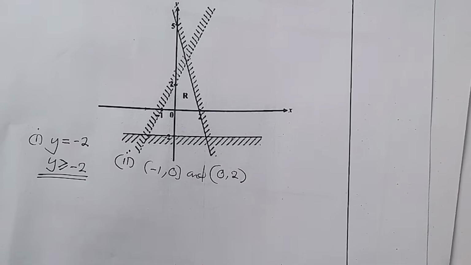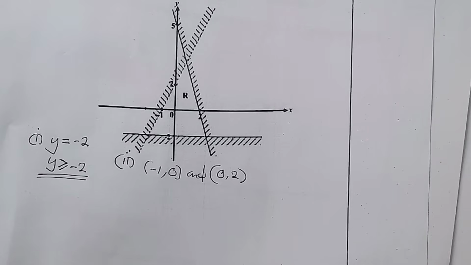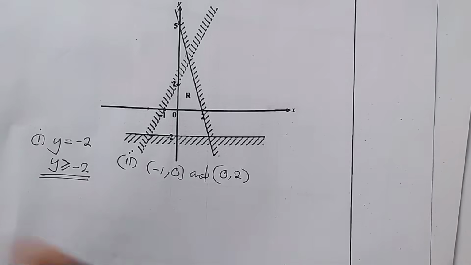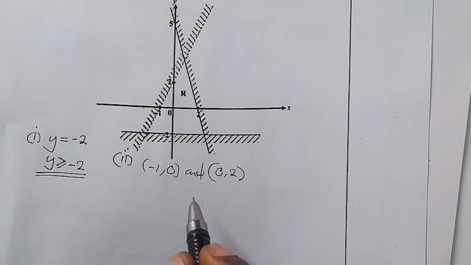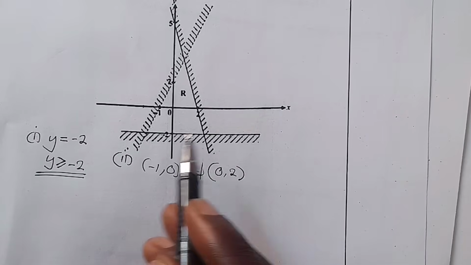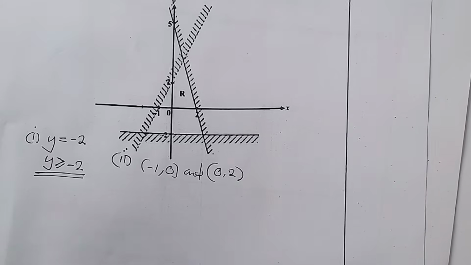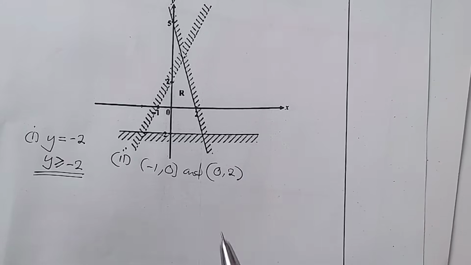Now, guys, I know you may know a lot of different ways of solving this, but what I'm going to show you is the simplest. It is simple and straightforward. It means that first you need to find the gradient of the line. Finding the gradient is how you find the equation, then the inequality.